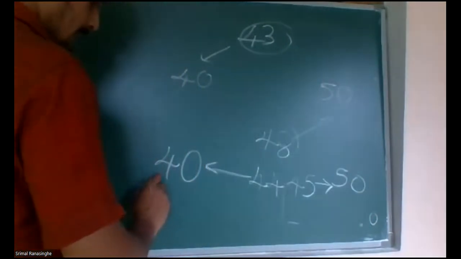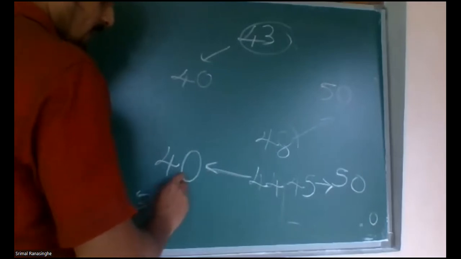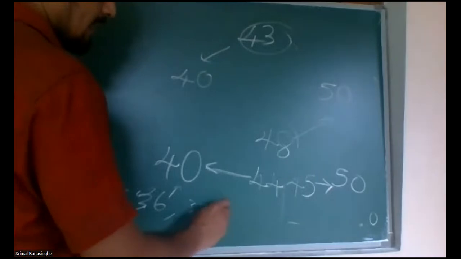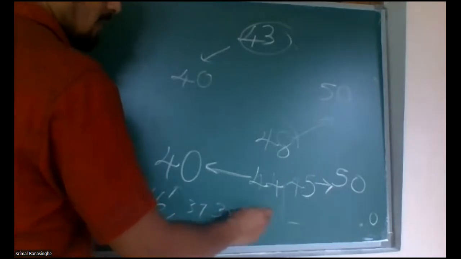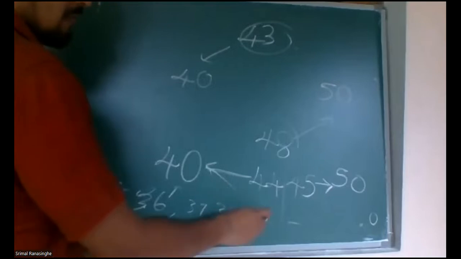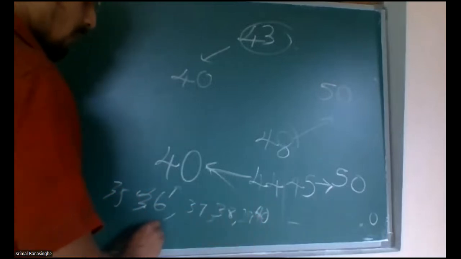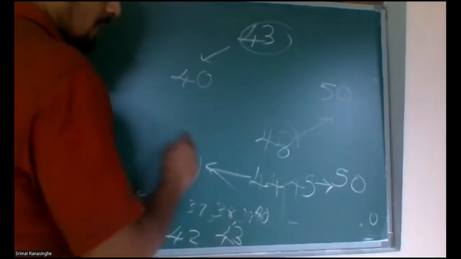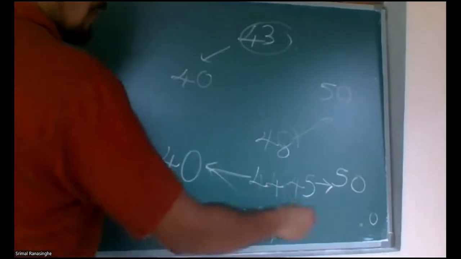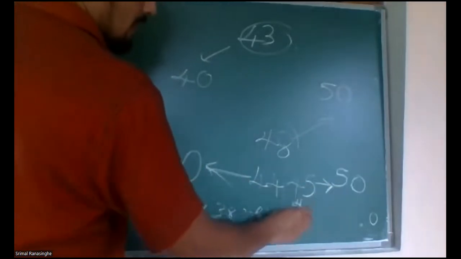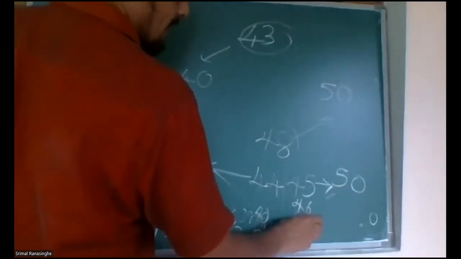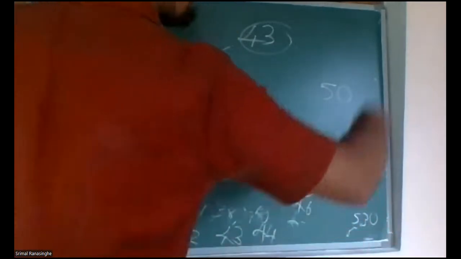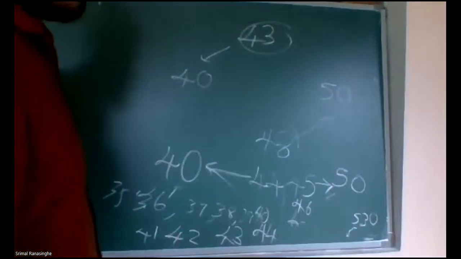So 36, 37, 38, 39 go to 40. 41, 42, 43, 44 also go to 40. 45 goes to 50, 46, 47 go to 50, likewise 53, 54 go to 50, and 55 goes to the next number, 60.